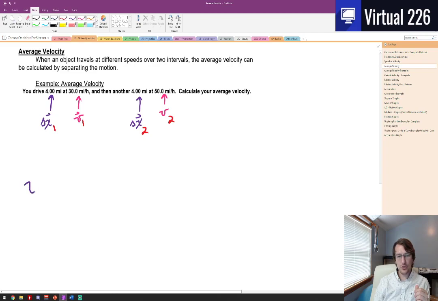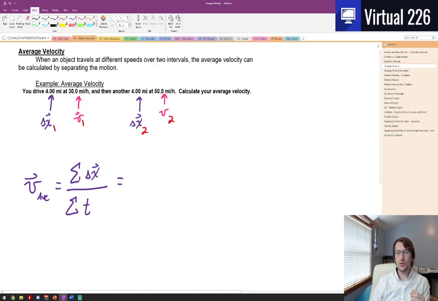What we're trying to do is find this average velocity. We're trying to sum up, or add, and a symbol we can use for that is a summation, a sigma. We're trying to add all of the distances or displacements we've traveled, okay? And we're trying to divide that by the total amount of time that we've traveled here.